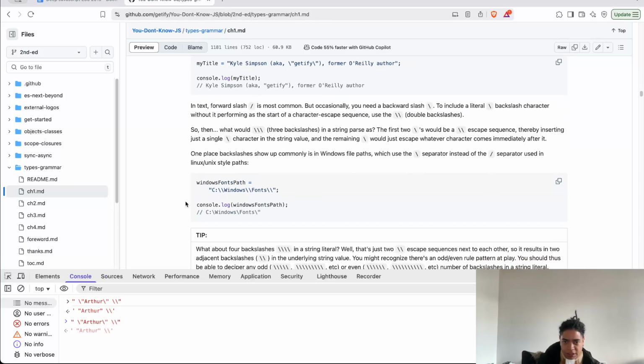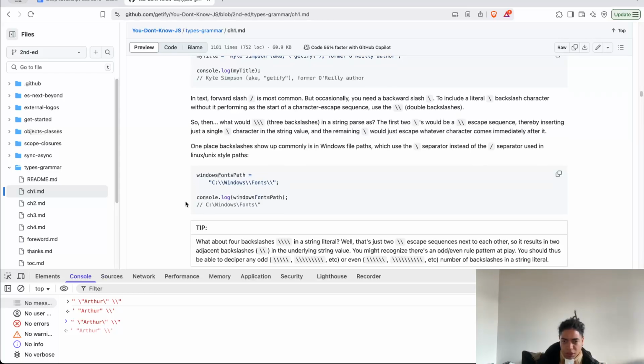One place backslash shows up commonly is in Windows file paths, which use a single separator instead of that.